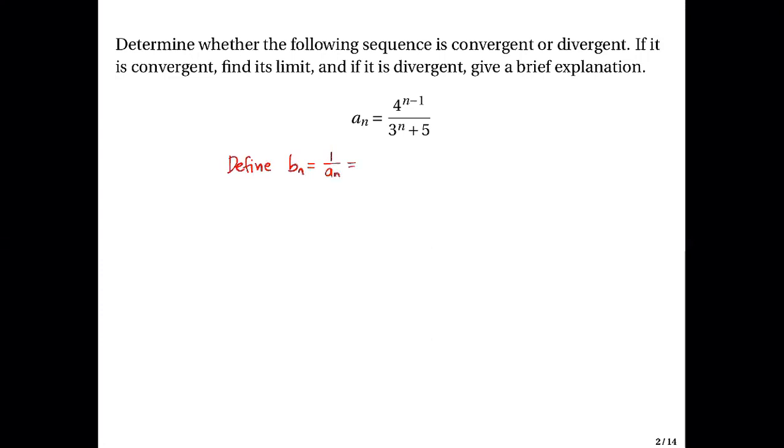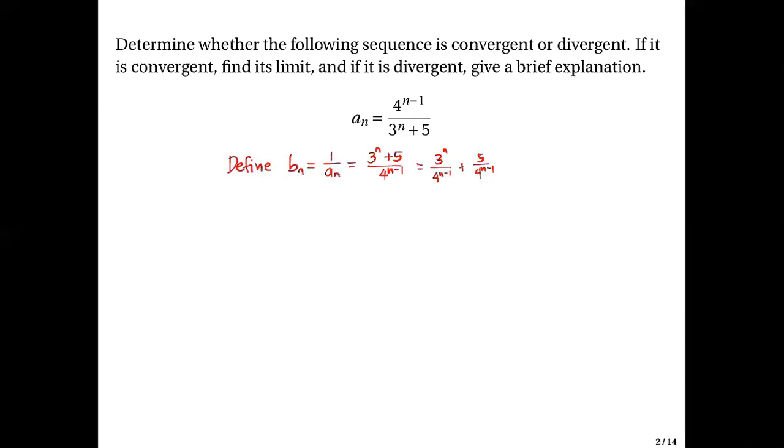And therefore, this is equal to 3 to the n plus 5 over 4 to the n minus 1. Or if we now separate this into two fractions, this will be 3 to the n over 4 to the n minus 1 plus 5 over 4 to the n minus 1.